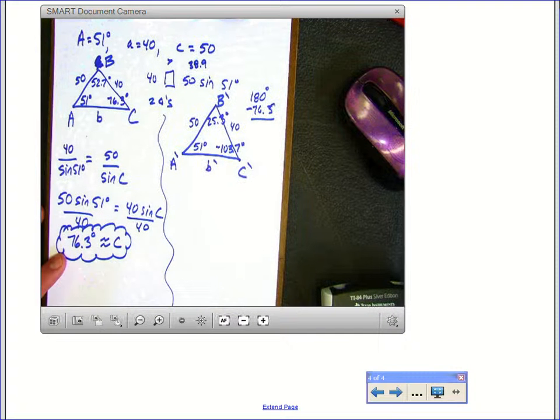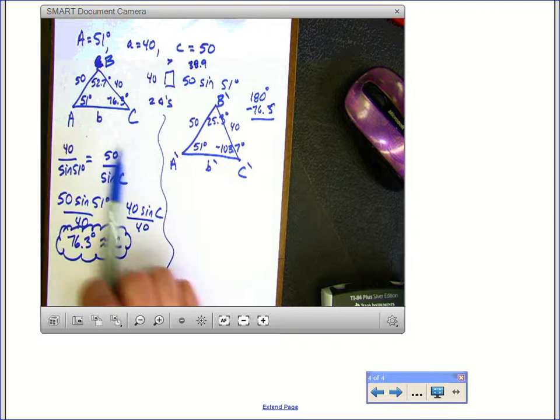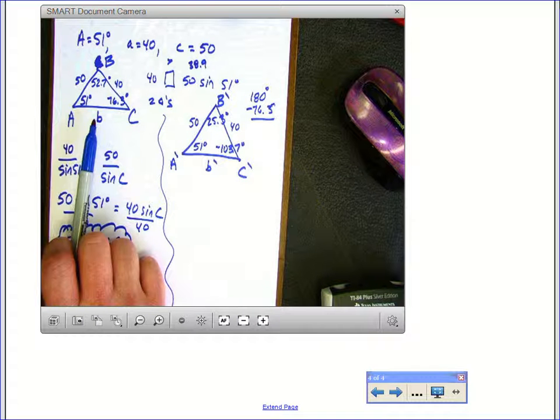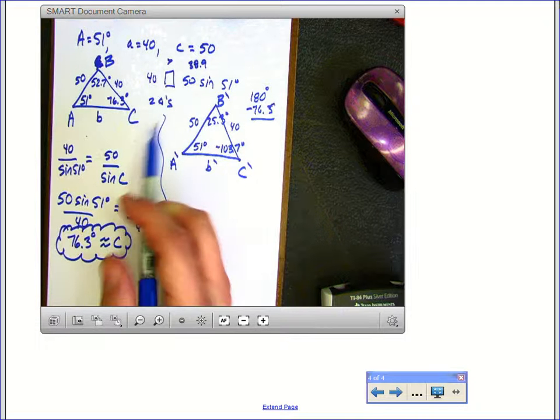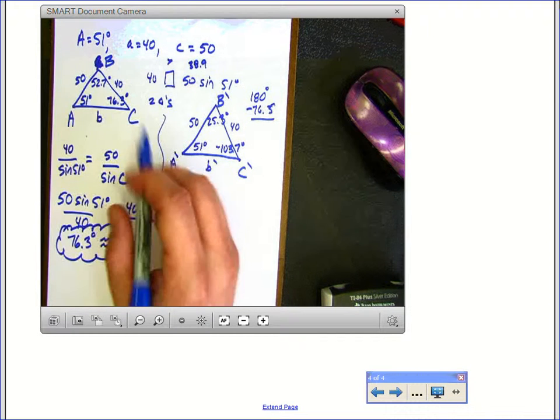Now we're still missing B, right? Could I add B onto my ratios now, since I know what that angle is? Yes, I can do that.